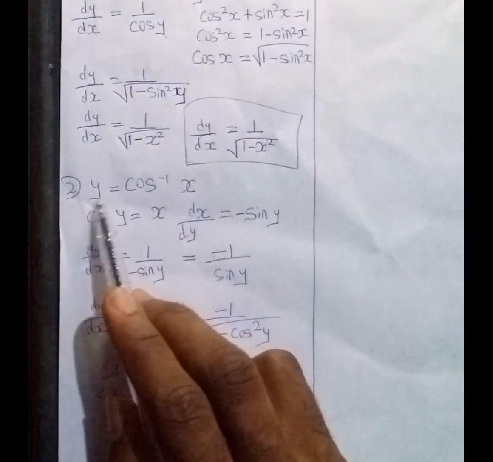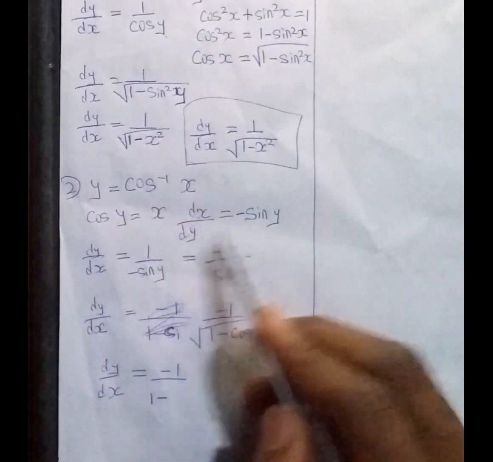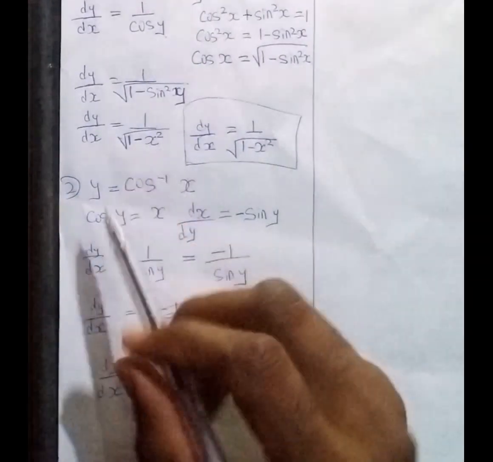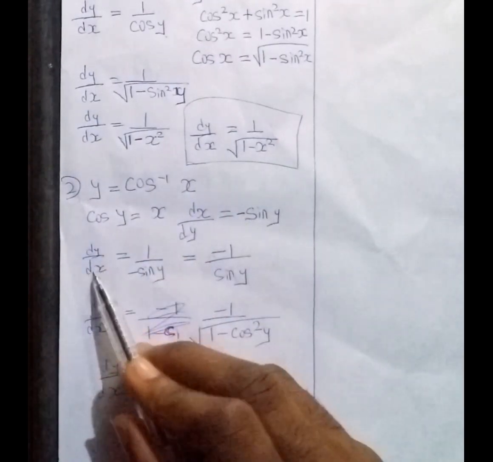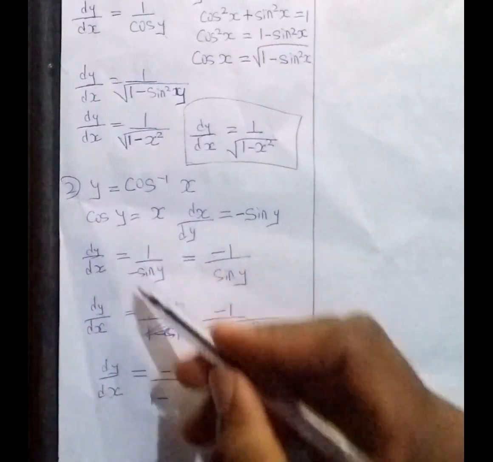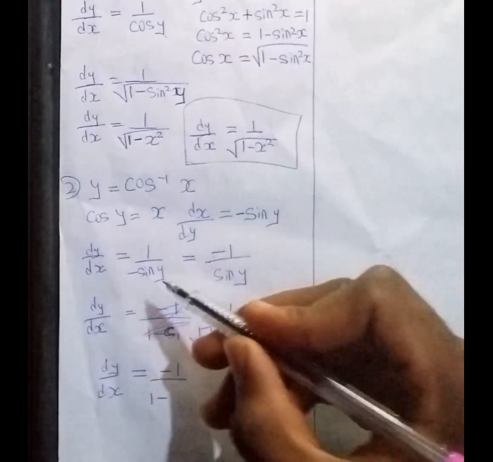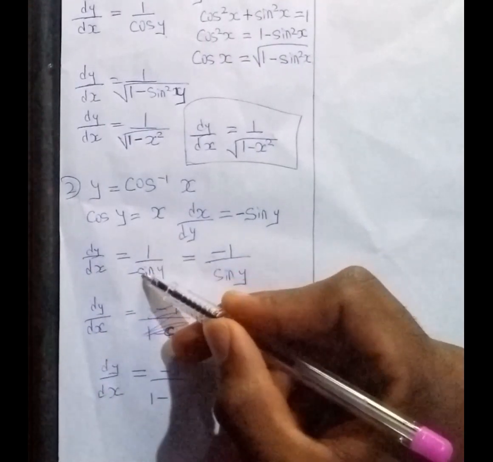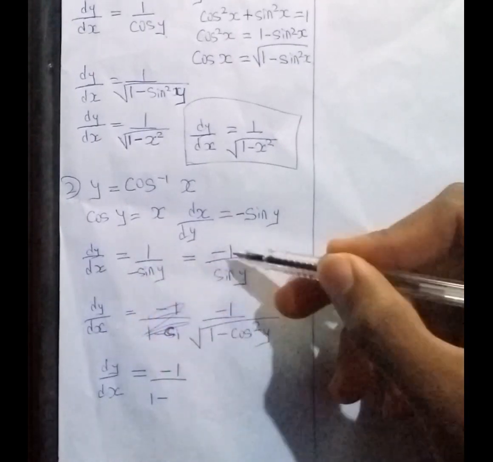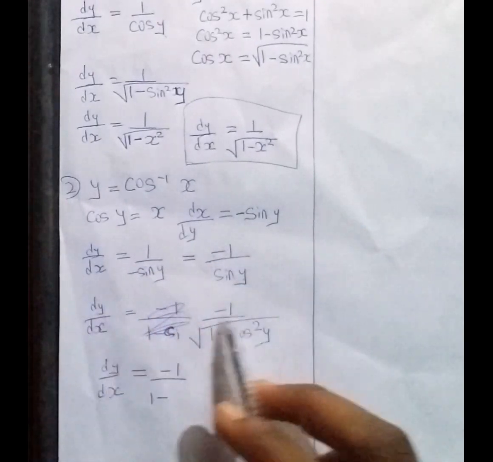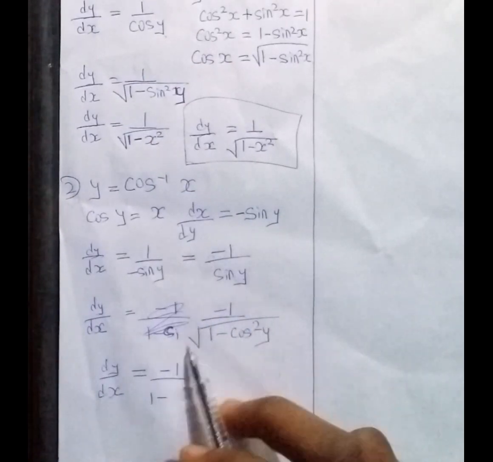The same thing with y equals cos inverse of x. Cos y equals x, and dx/dy will be minus sine y, as we differentiate cos, we get minus sine. So dy/dx equals 1 over minus sine y, which equals minus 1 over sine y. Then dy/dx will be minus 1 over the square root of 1 minus cos squared y.